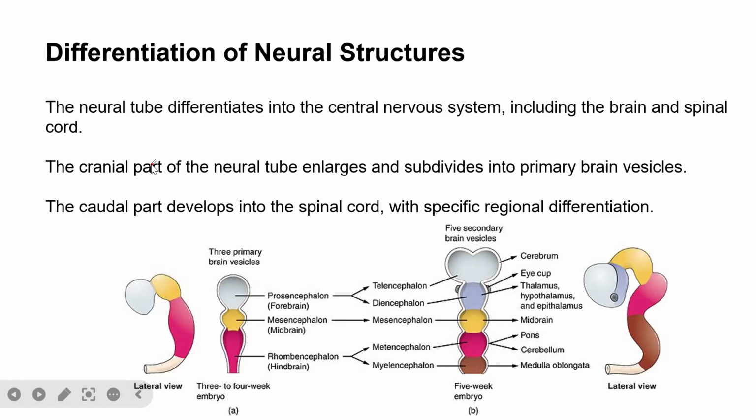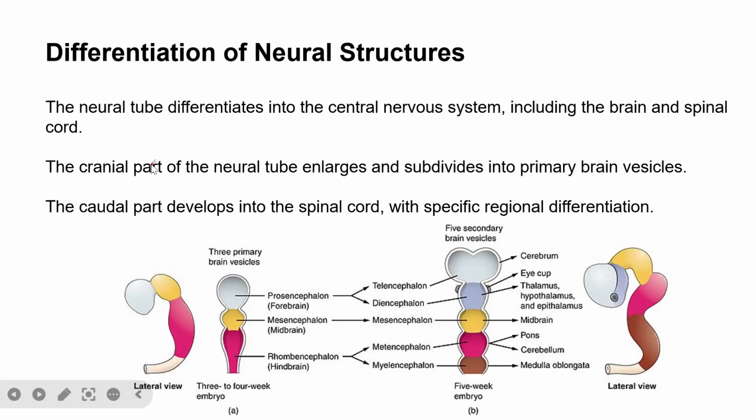And of course, the midbrain remains as the midbrain. And then the metencephalon is further differentiated into pons and cerebellum. And then the myelencephalon is differentiated into medulla oblongata. So this is how I want you to understand that the neural tube further differentiates itself into the central nervous system, which includes the brain and the spinal cord.